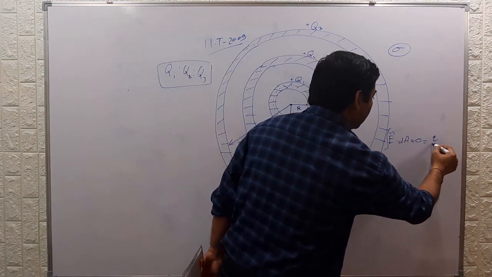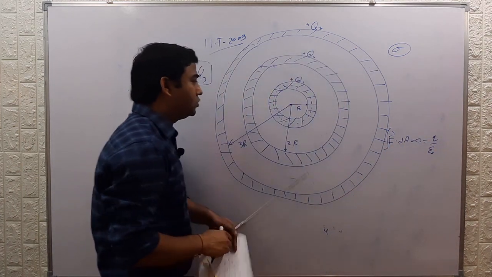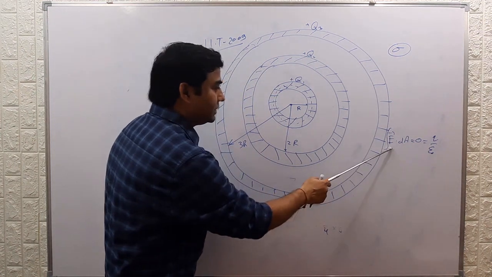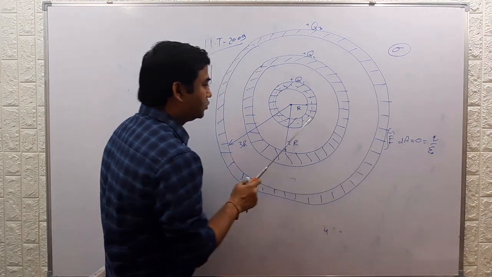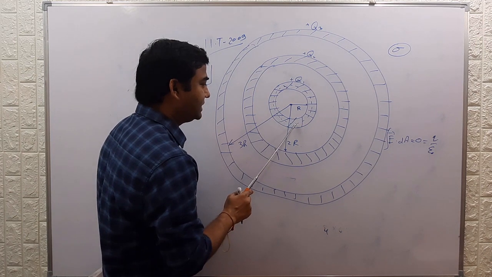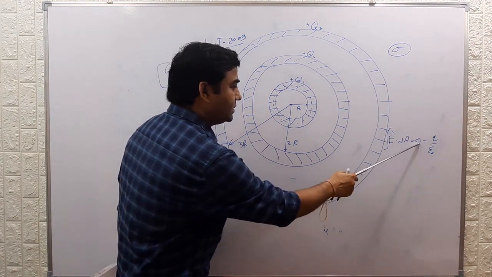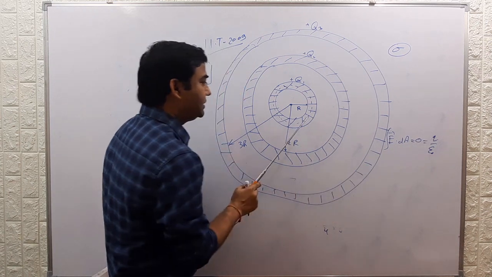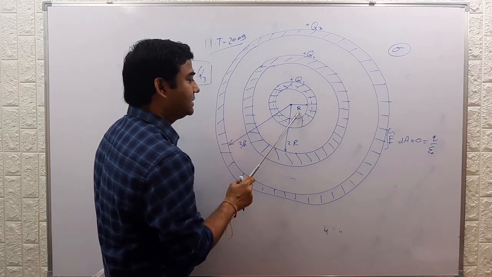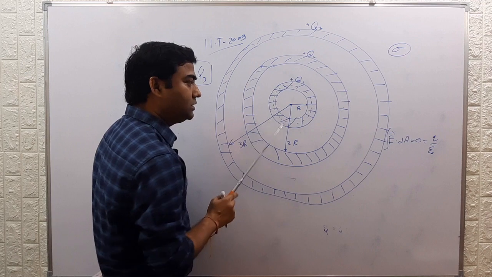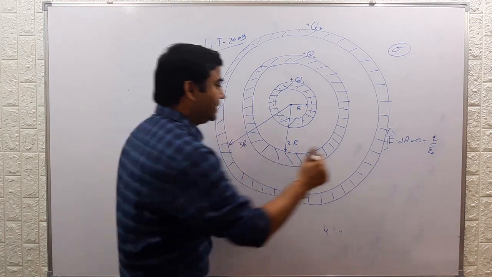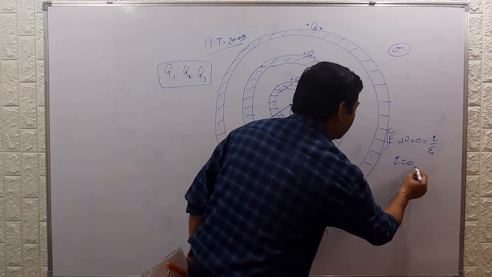So the flux through this Gaussian surface, which is inside the metallic part of the inner sphere, is 0. Hence Q by epsilon 0, the net charge inside this Gaussian surface, is 0.